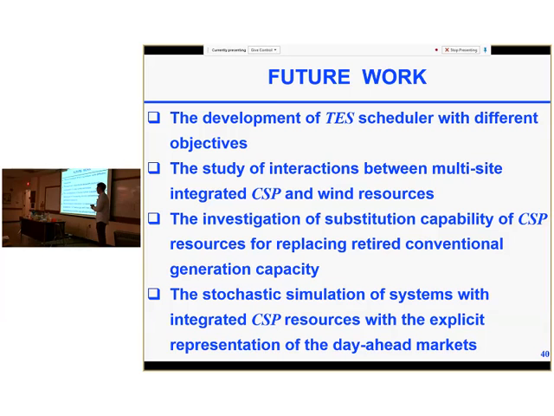Josiah just asked why does CSP store the thermal energy in the plant, right? Yeah. Actually, CSP is an indirect way to convert the solar energy into electrical energy, because it will convert the solar energy into thermal energy first, and convert the thermal energy into electrical energy.